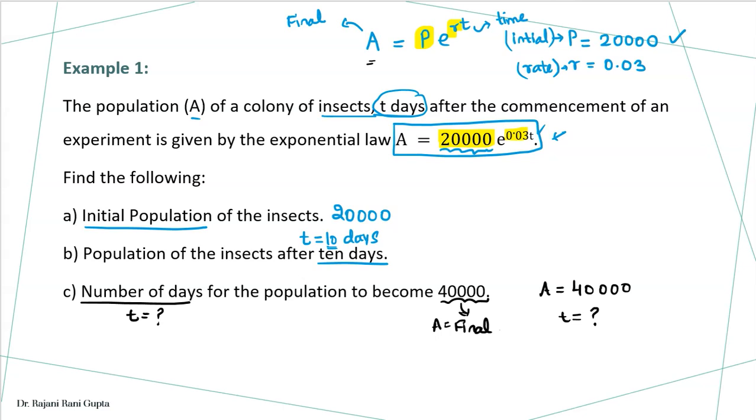Did you understand the difference between B and C? In B, t is given as 10 days and they ask you to find the final population. Whereas here, the final population is given and they ask you how long it is going to take. So let's solve it.